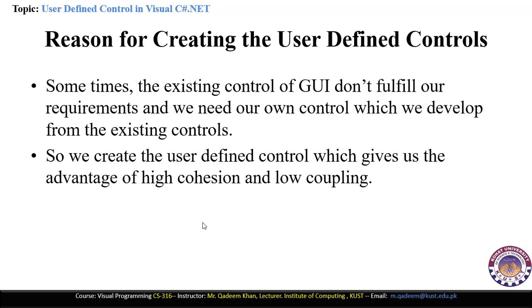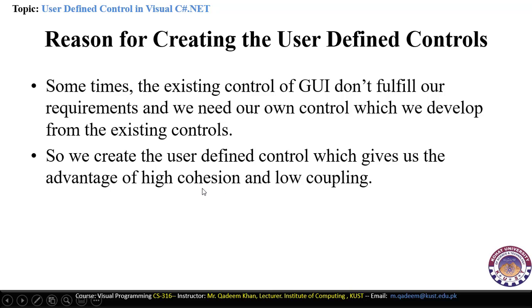Now, what are the reasons for creating user controls? Basically, the main reason is that sometimes the existing GUI components do not fulfill our needs. So we have to develop our own controls by using the existing controls. We can create a user-defined control, which gives us the advantages of high cohesion and low coupling.